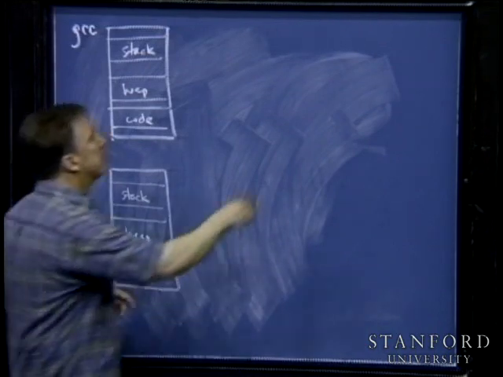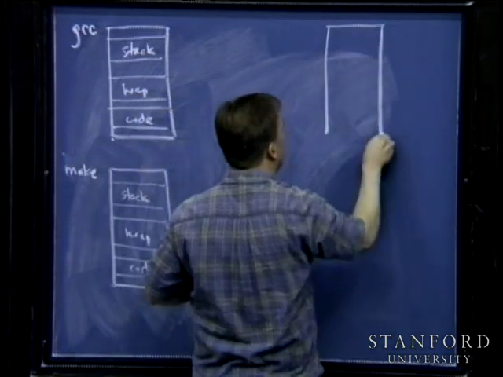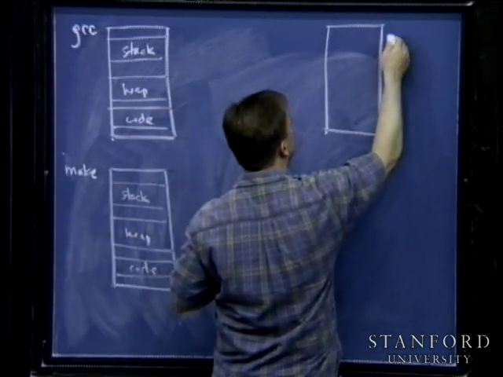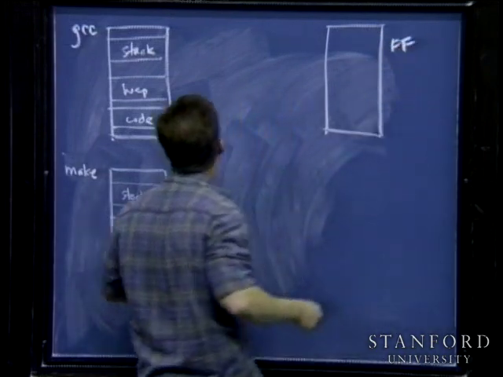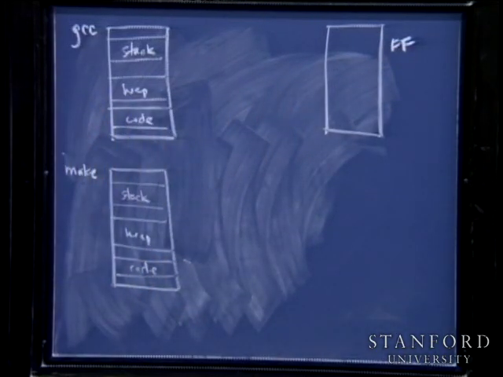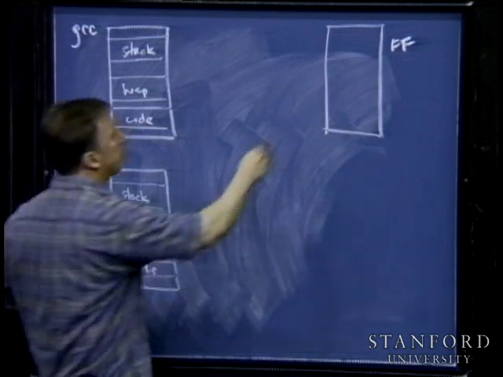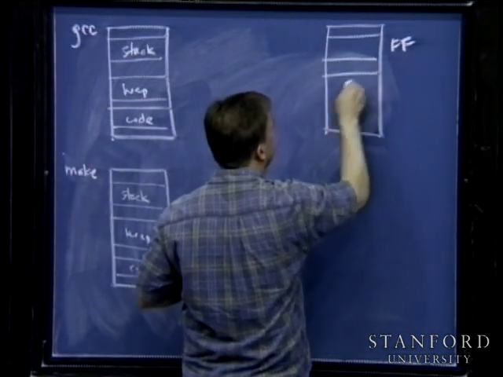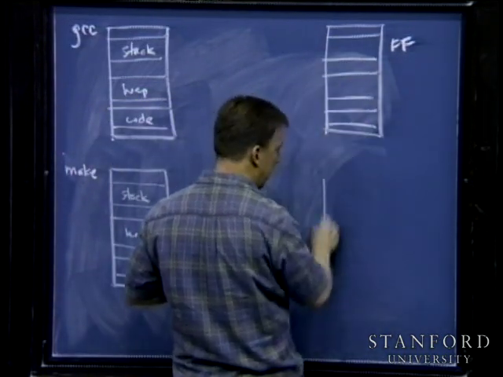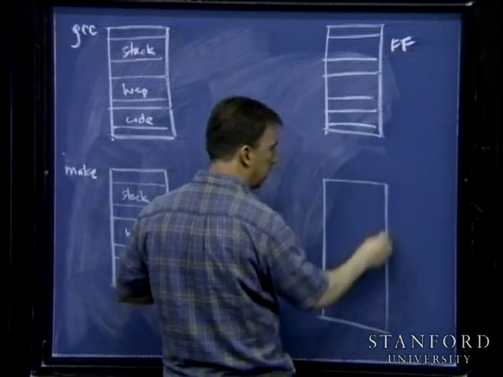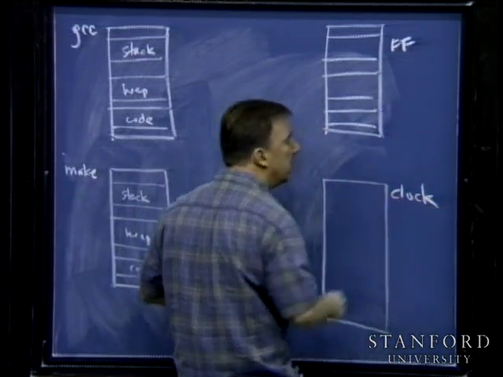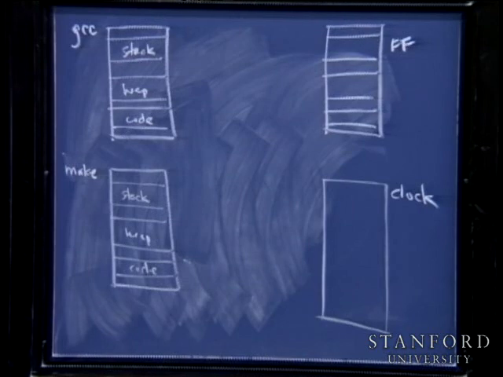Okay, maybe it's the case that you have, I don't know, Firefox up and running on one of the Linux boxes, which has the same picture, and then you have some other application like a clock or whatever up there, and it has the same exact picture.